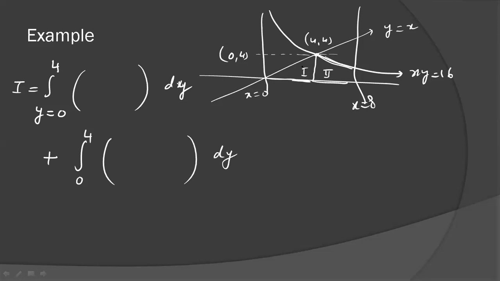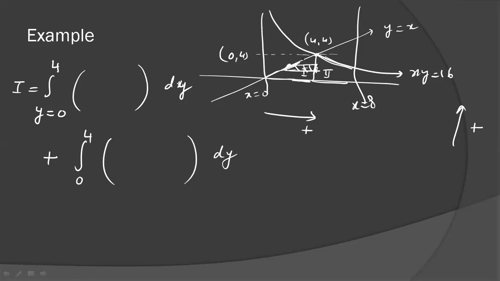You have to draw the strip parallel to the x-axis. And a strip is always taken from left to right, or from down to up. Always the strip increases this side. So we will take tail is this, head is this.